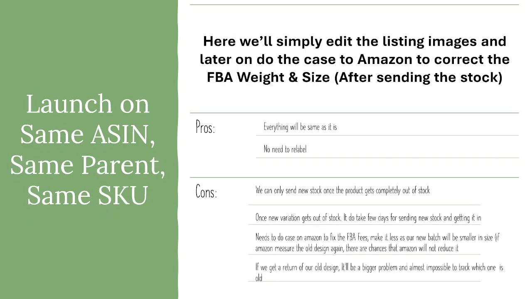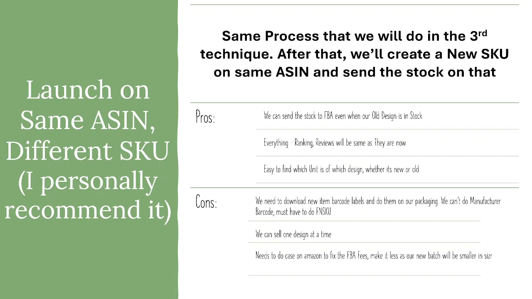In the third technique we don't need to do the repackaging, but in the fourth one we do, and we can sell only one design at a time. For example, if you want to sell both designs, it will not be possible. If you just want to keep the new design, then it's perfect for you. And the last thing is that you need to do the case to get the FBA fees fixed.